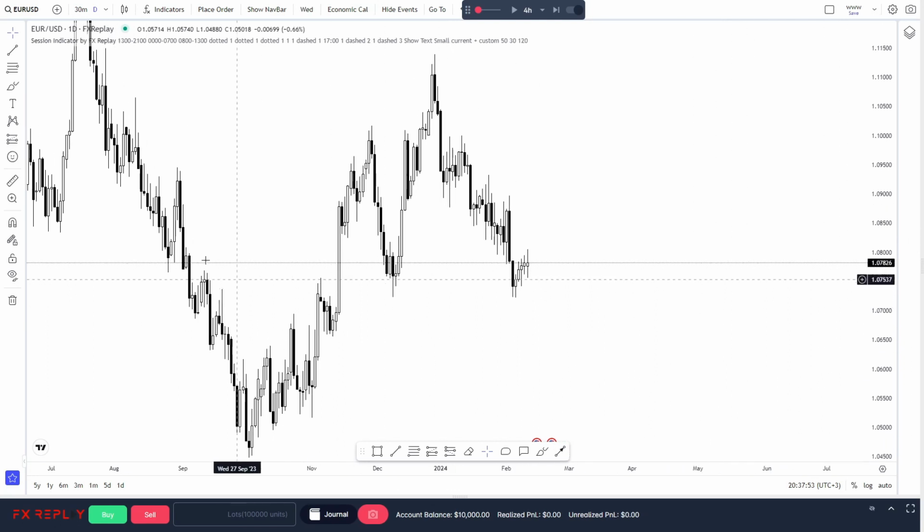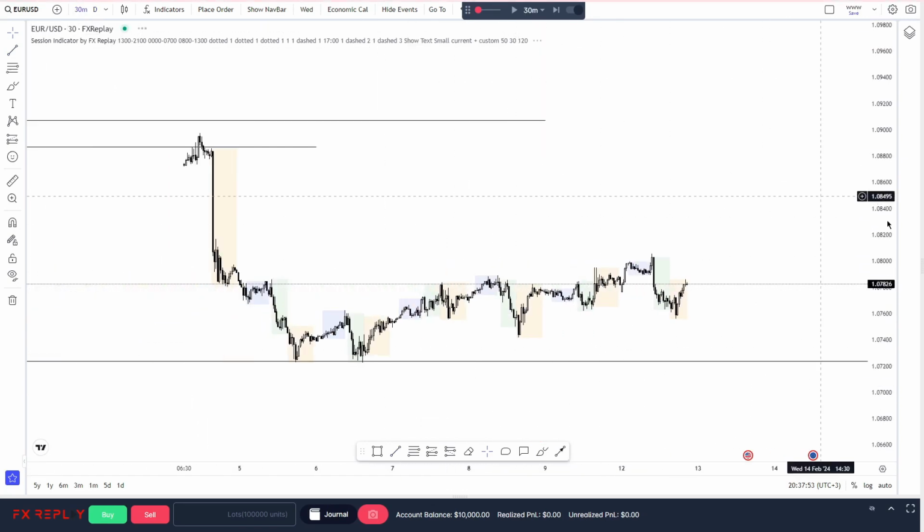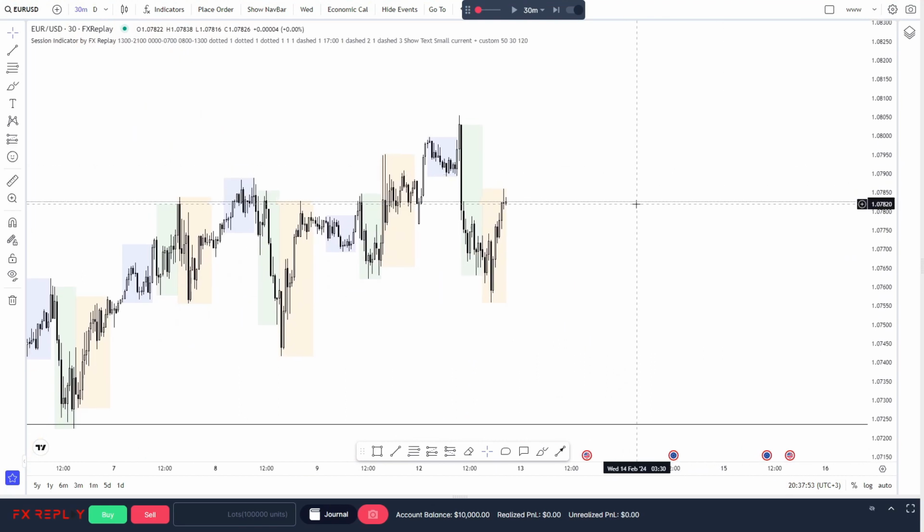So let's start. Right now we can see that price is moving at a bearish order flow. So we can see the work with liquidity, work with the fair value gap. So my daily bias would be short here, but also we can see that price raids a very big high with liquidity, but I can't see strong reaction right here.